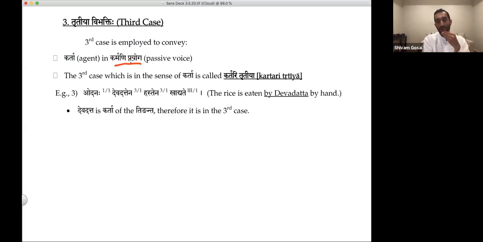Okay, so in karmani prayoga, the third case can convey the karta. When the third case is in the sense of karta, it's called kartari tritiya. Repeat after me. Kartari tritiya. Okay, so let's make a note below.